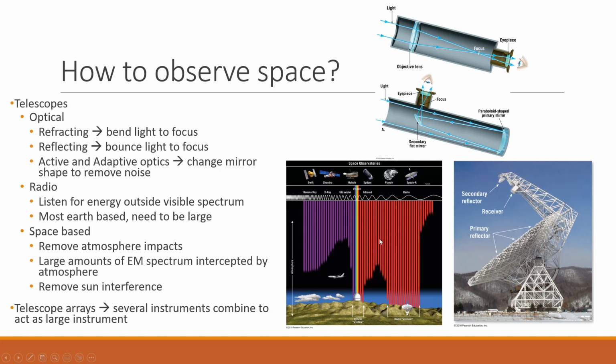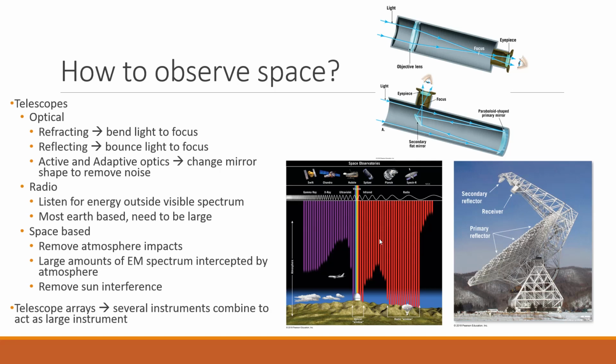But if we can send the instrument outside the atmosphere, well, then we no longer have to worry about those impacts. So, it's not just impacts, but the atmosphere, by its very nature, intercepts much of the EM spectrum. So much of the information is actually trapped or repelled by the atmosphere.